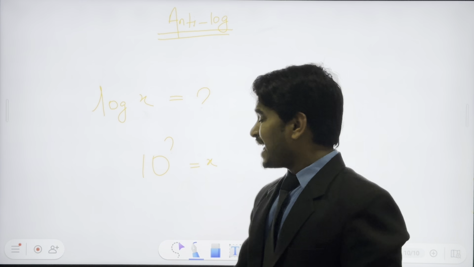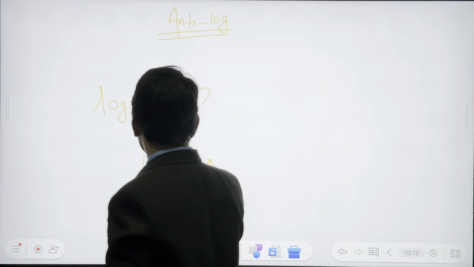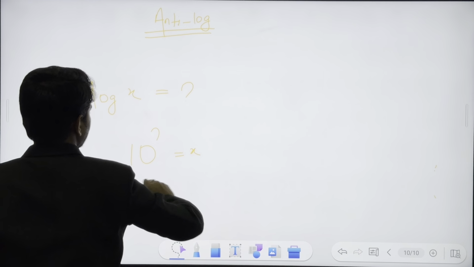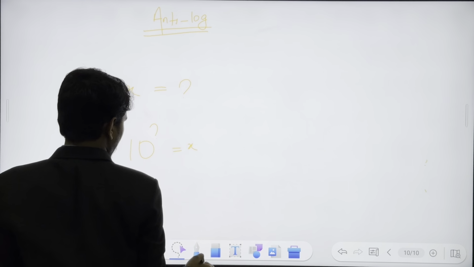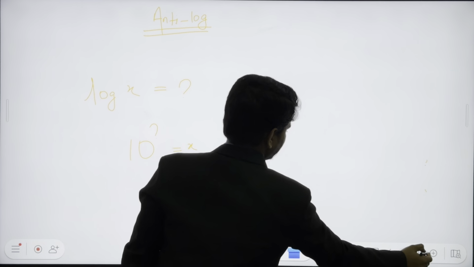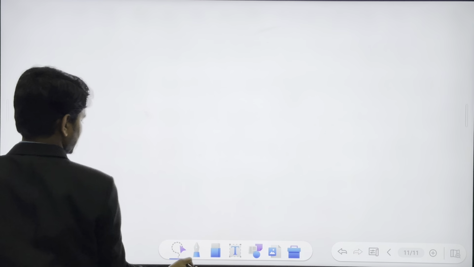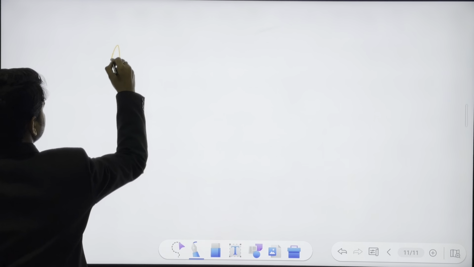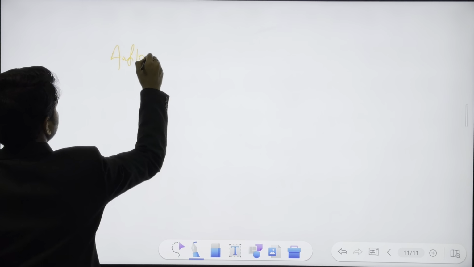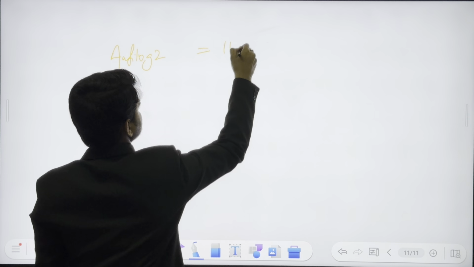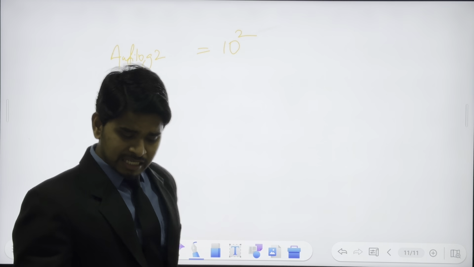Now we have to understand anti-log. Anti-log is just the opposite of that. Nothing is special. Anti-log is simply 10 to the power that. If I'm asking what is the value of anti-log 2, it is nothing but 10 squared. Just put the number as the power.